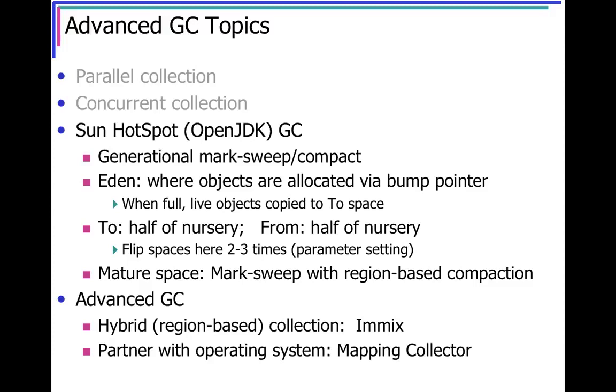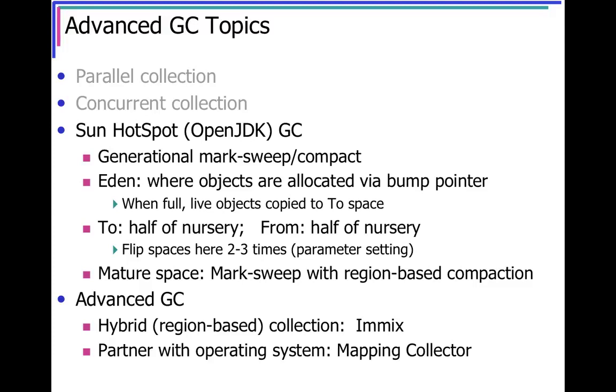And then there's a mature space that is collected via Mark Sweep with compaction, region by region compaction. Instead of doing the entire mature space at once, we do it incrementally. And so it's a complex combination of all of the garbage collection techniques that we've seen so far.